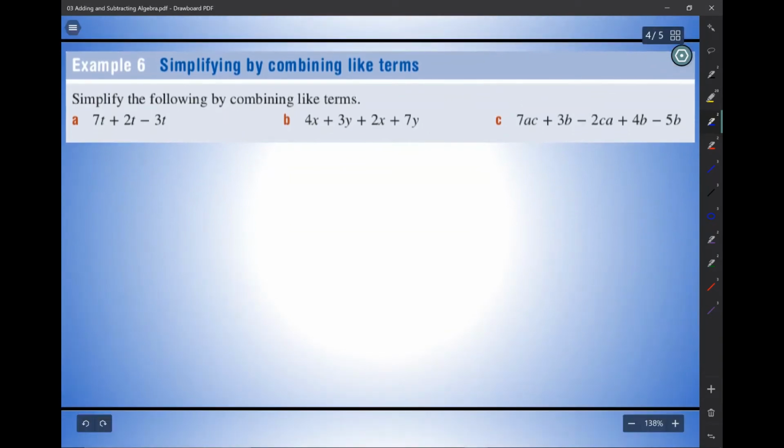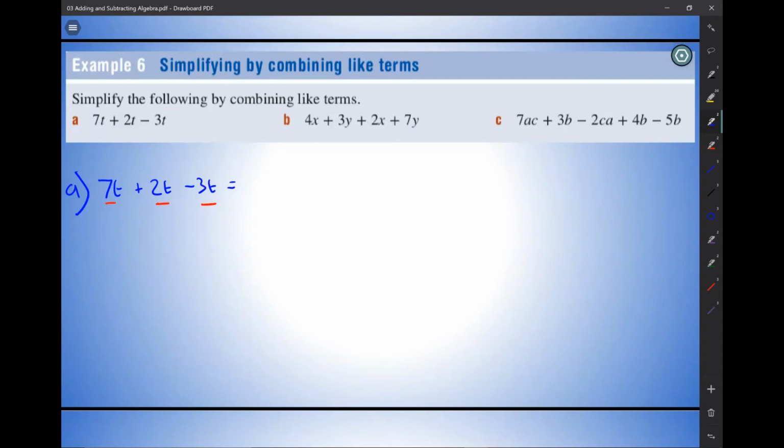Okay, now let's talk about how we can use this to simplify whole expressions. In our first example, we have 7t plus 2t minus 3t. Now, the thing about all these terms is that they all have a t and only a t. That makes them all like terms.